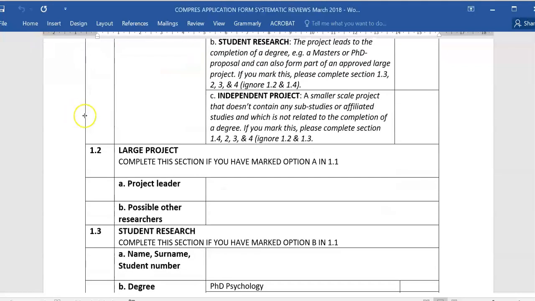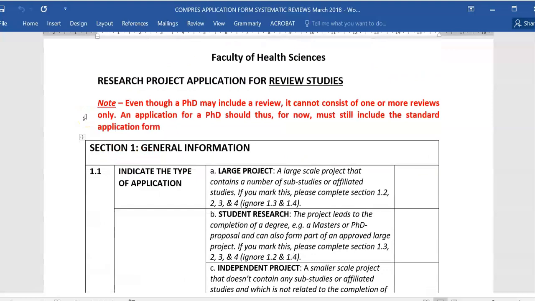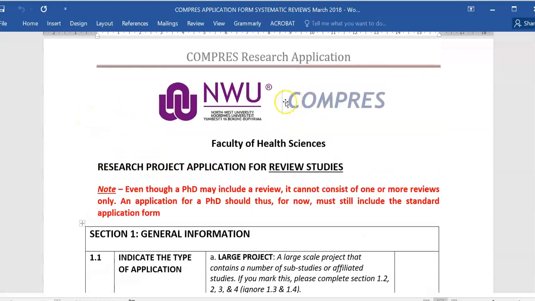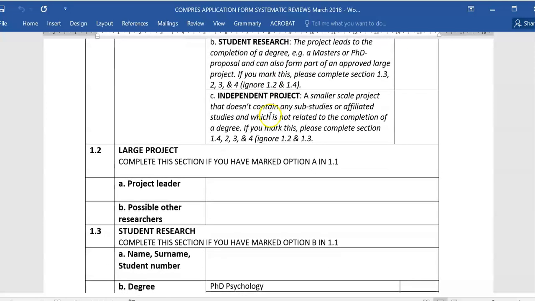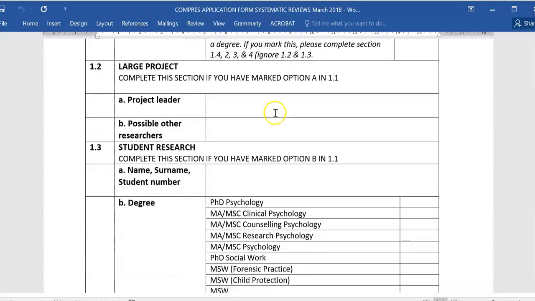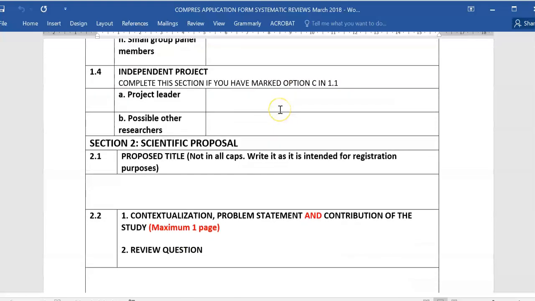Okay, so let's just have a look at this proposal format for review studies. You will see that it's actually the same as a normal research project application form. Okay, so the first part is the same. I'm not going to stick along there.